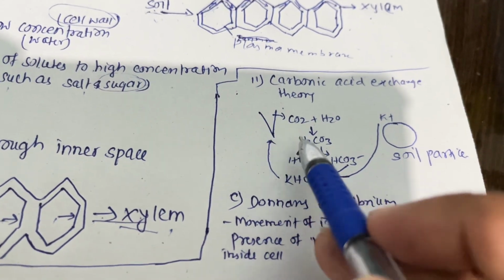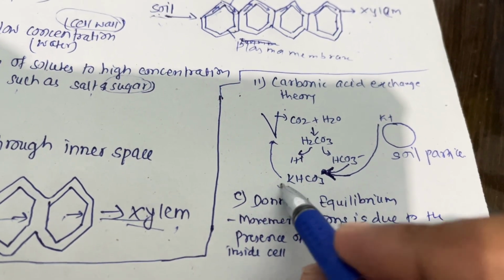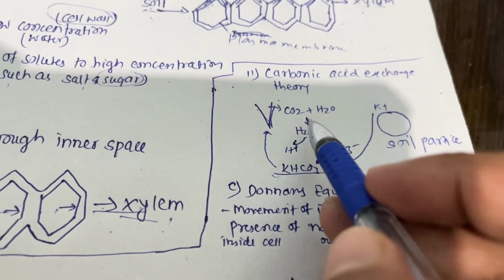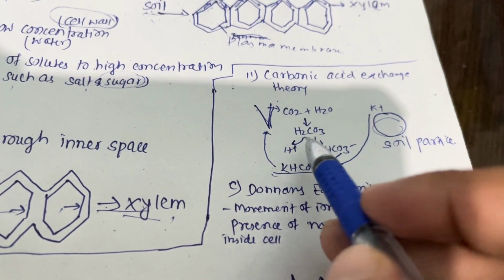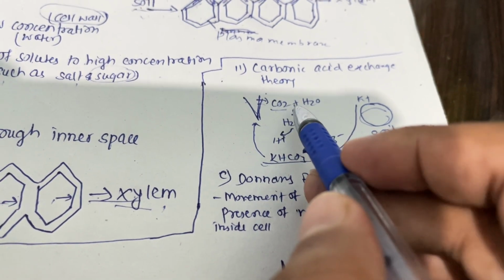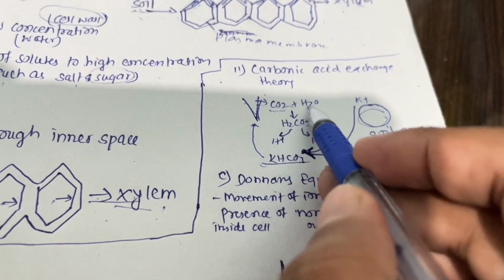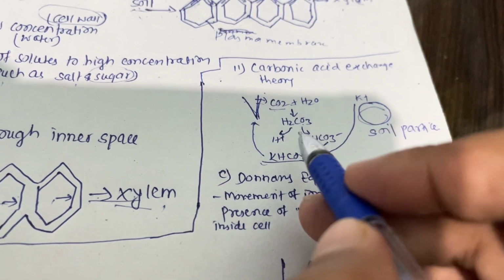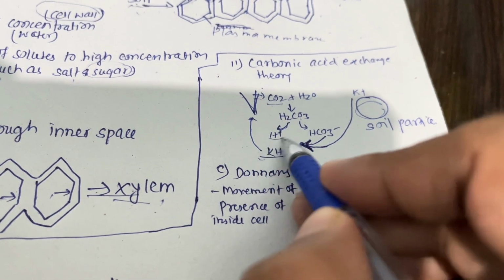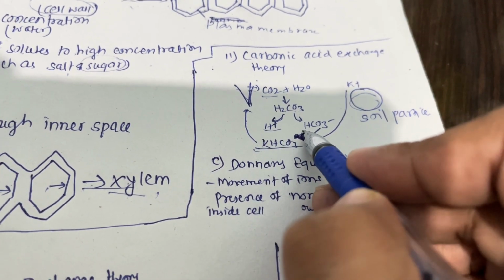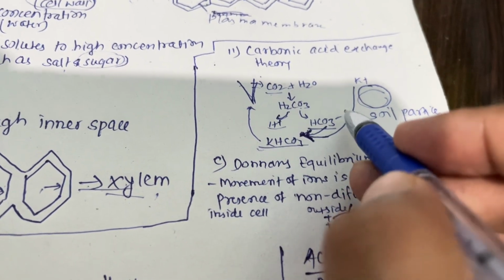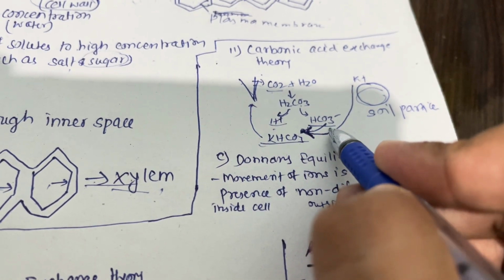In this theory, we will get the concept along with this figure. Here is the root and this is the soil particle. The root will release carbon dioxide during respiration, and it will react with water to form carbonic acid. This carbonic acid will further dissociate into hydrogen ion and bicarbonate ion.